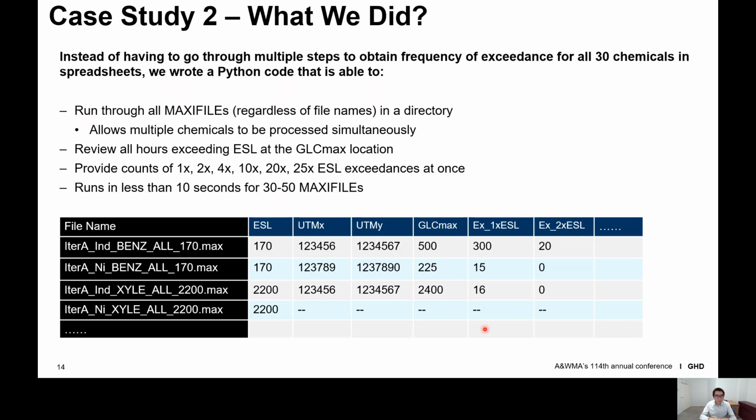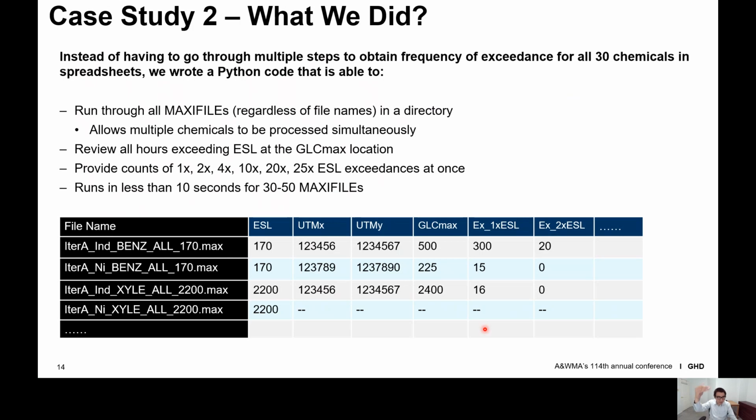So a program that you create on your own has some benefits. It can run through all the maxi files regardless of file names. You don't have to tell it which file to run. Just tell it, this is a .max, that's a maxi file, so run through all the maxi files and do the job that I just described in the previous slide, and allow multiple chemicals to be processed simultaneously.